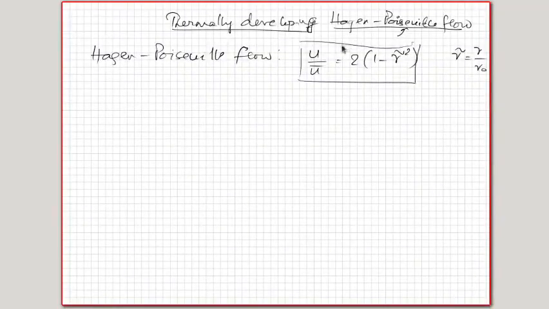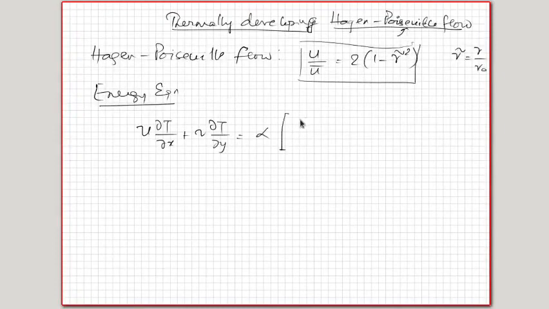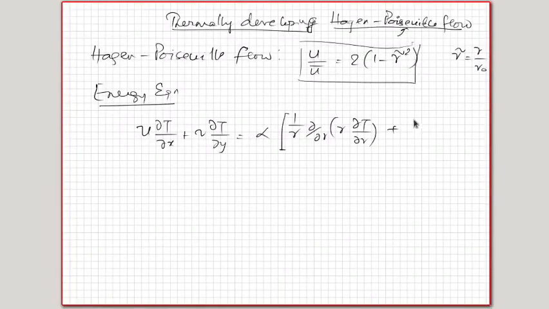So thermally developing Hagen-Poiseuille flow is basically where in a pipe, all through the length of the pipe, I can assume that the velocity profile obeys this condition and the temperature profile is developing. So if I write the energy equation, you'll get u del T by del x plus v del T by del r is equal to alpha times (1 by r del by del r of (r del T by del r) plus del squared T by del x squared).